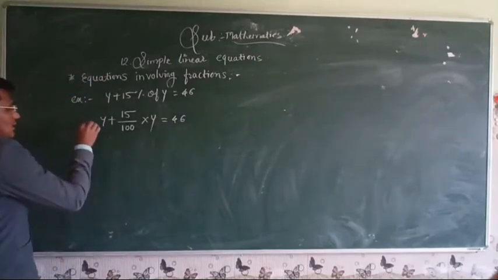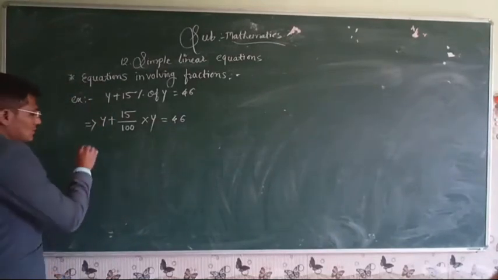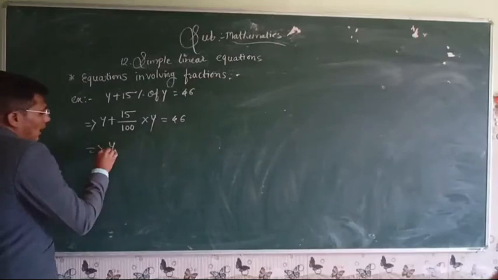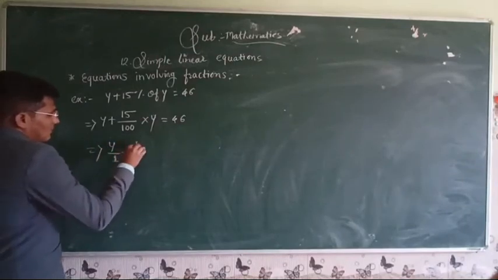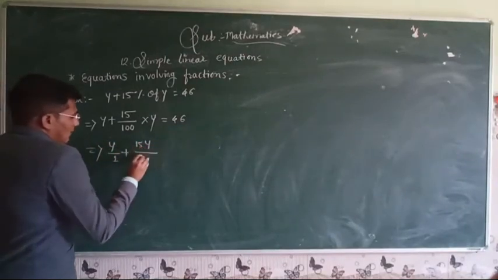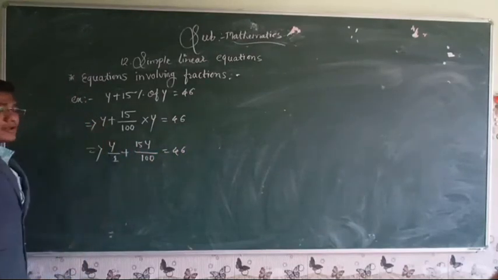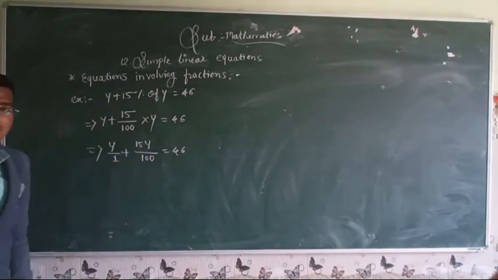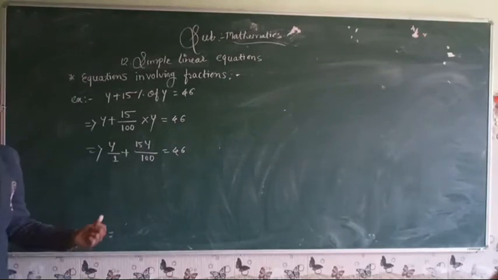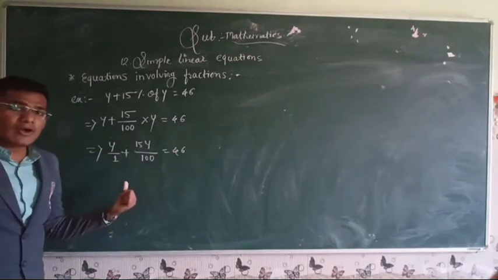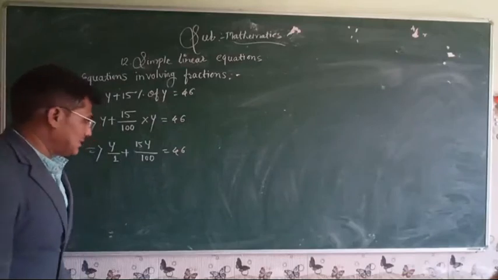Now after arranging this expression, it will be y by 1 plus 15y by 100 is equal to 46. Here there was no denominator for y, so I put 1 as the denominator. The value of y will be as it is.